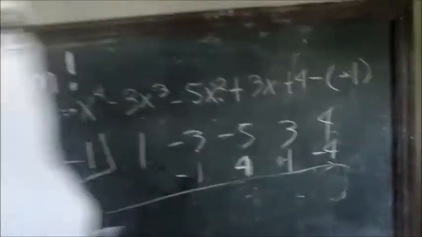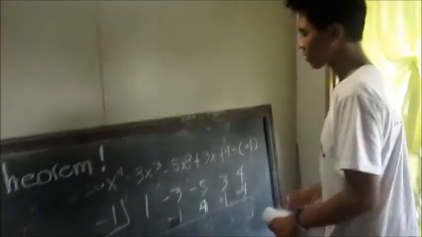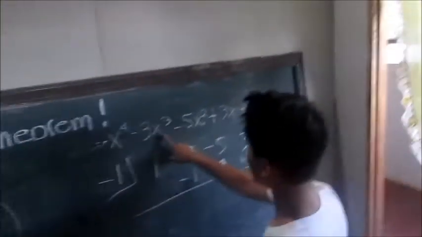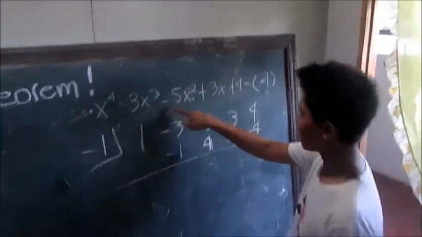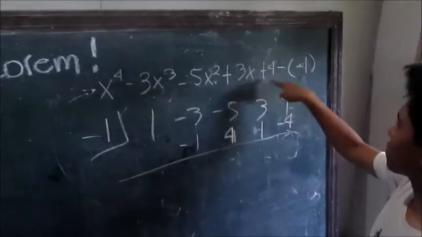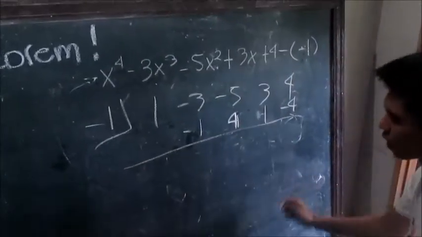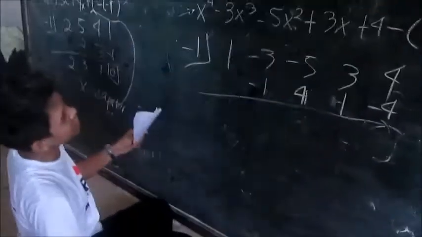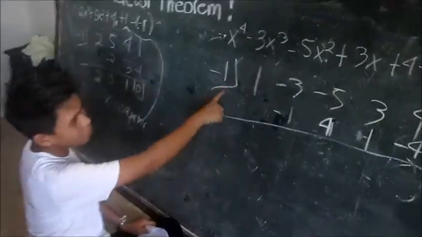So we're moving on. The equation is x to the power of 4 minus 3x cubed minus 5x squared plus 3x plus 4, divided by x plus 1. So negative 1 here.